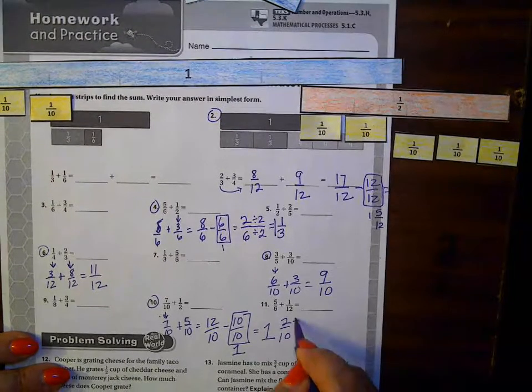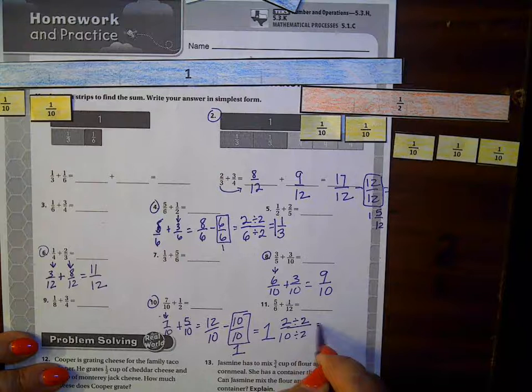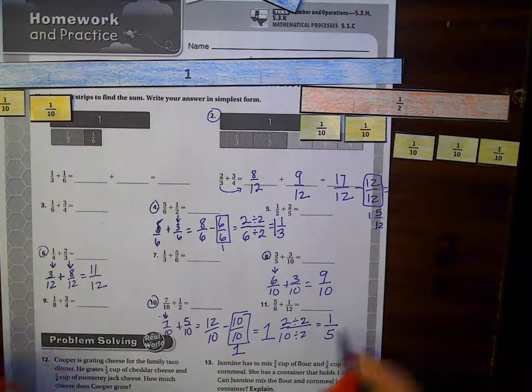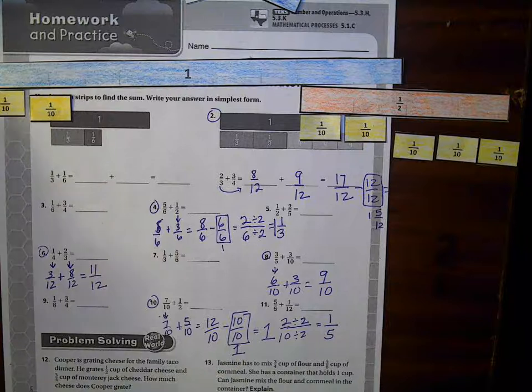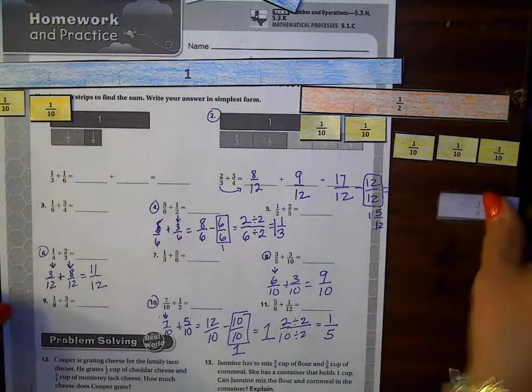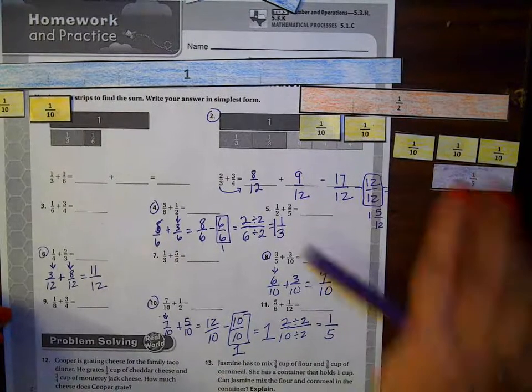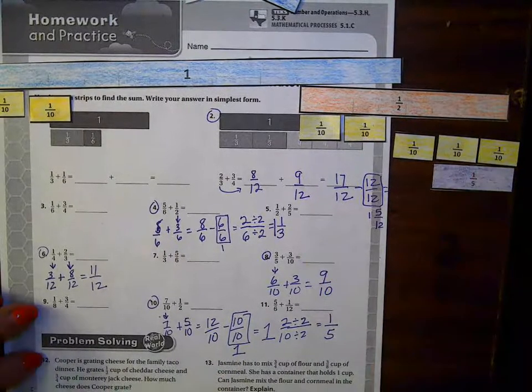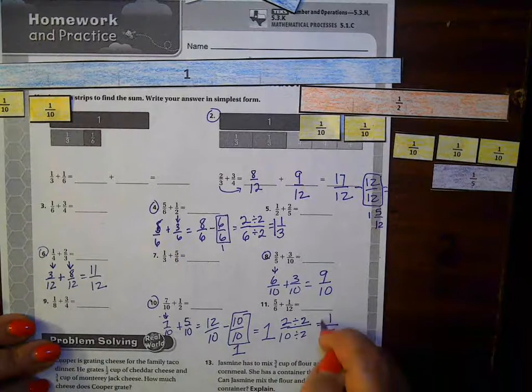Which means that they're divisible by 2. I can cut those in half. 2 divided by 2 is 1. 10 divided by 2 is 5. And let me see, is 2/10 equal to 1/5? And there you go. That is correct. So the answer is going to be 1 1/5.